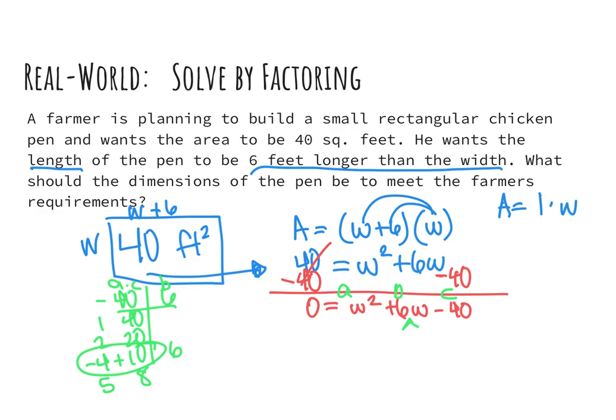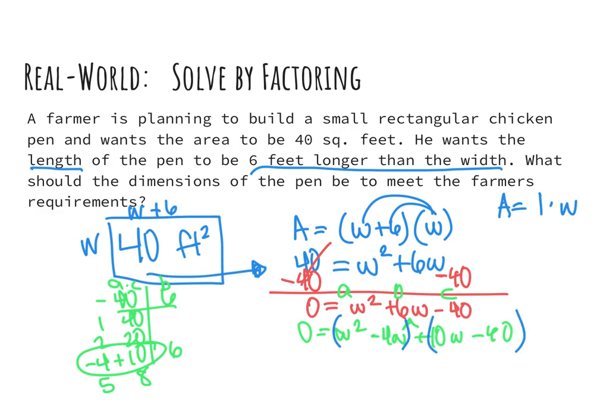Remember, those are going to go in place of this right here. I'm going to bring down my negative 4, and this time it's a W, and I have a 10W. And I just bring down the negative 40, and I bring down the W squared, and it still equals 0. Now factor by grouping tells me put the first 2, put the second 2.